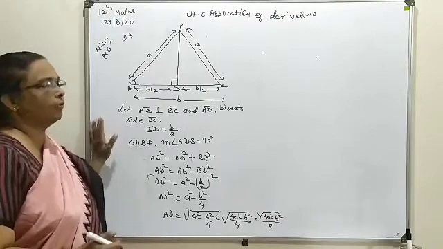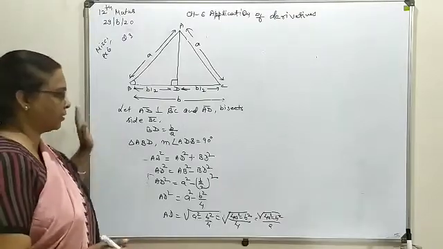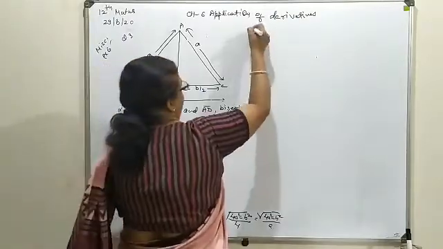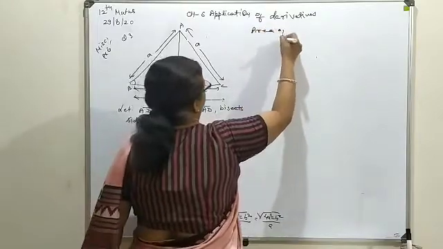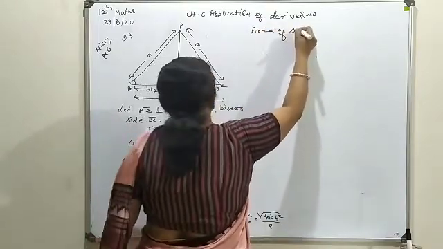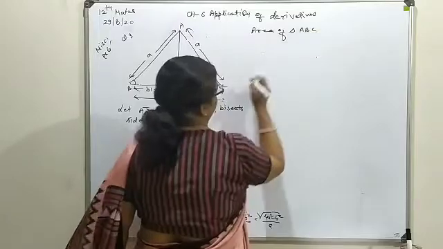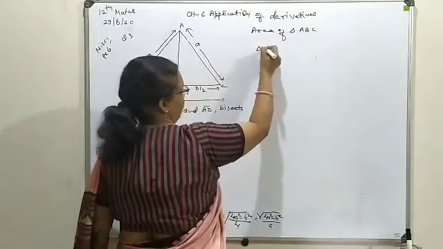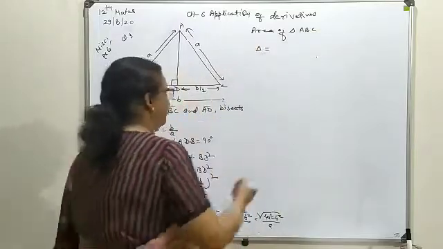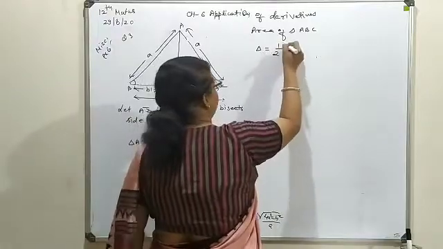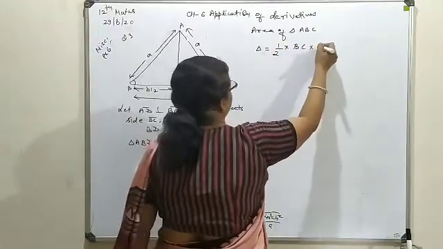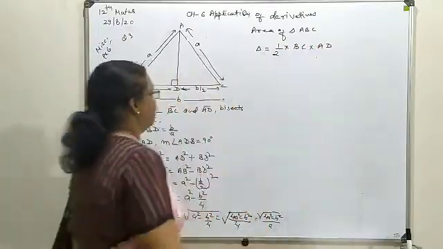Now we are interested to find the area of this triangle. So let's find it out. Area of triangle ABC, let us mark it as delta, or you can also write A. It will be half base into height. These two parameters we have here.